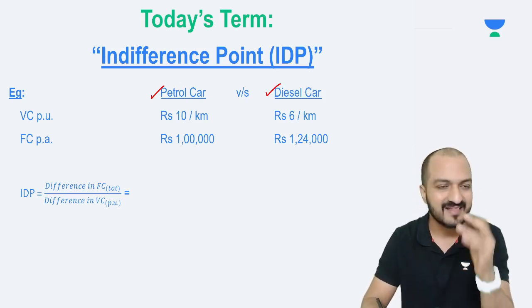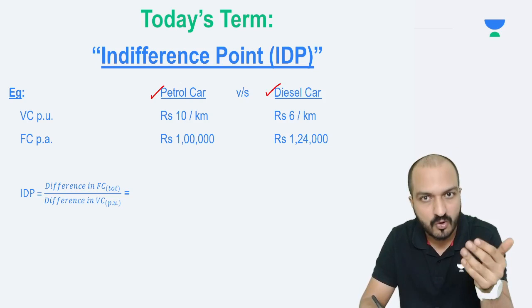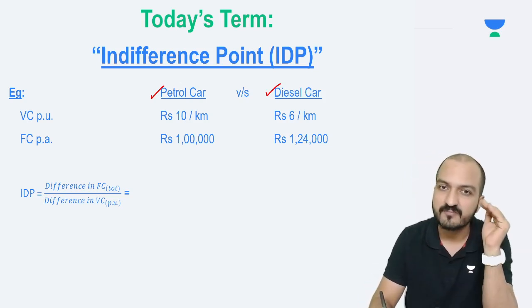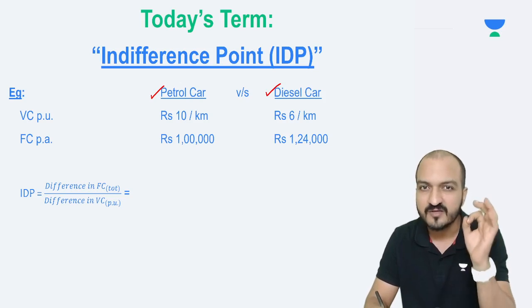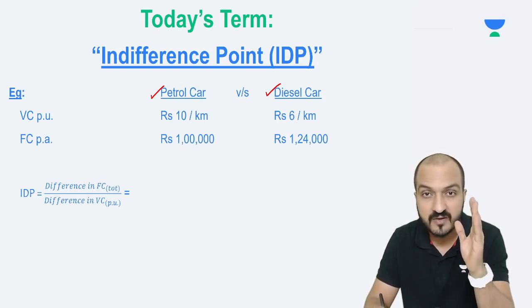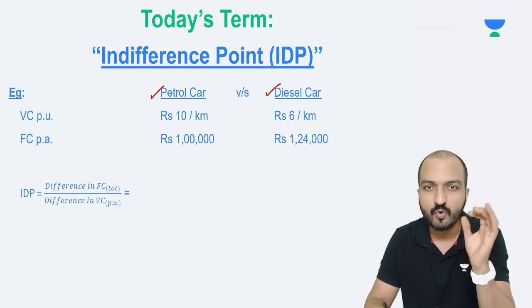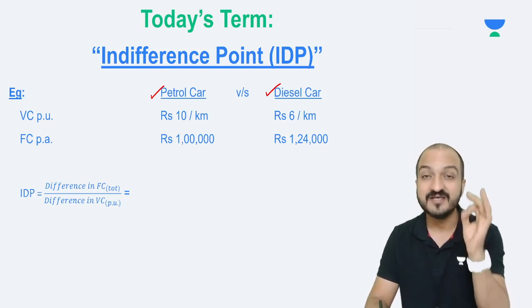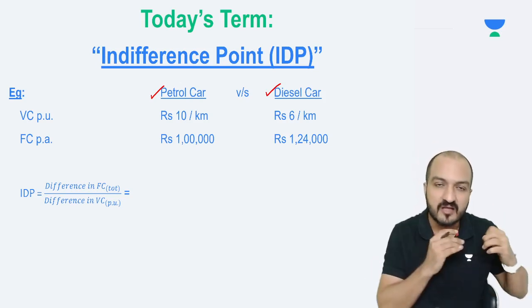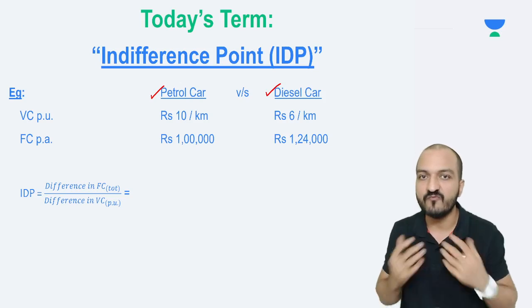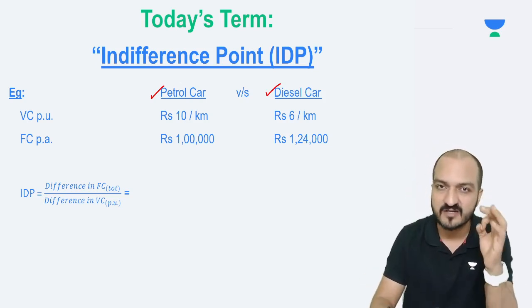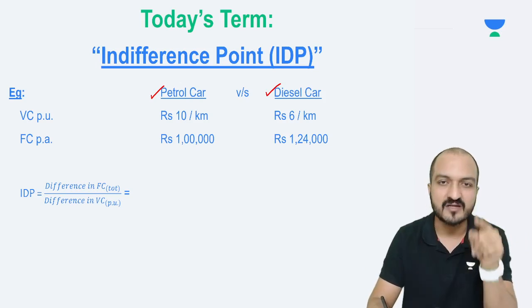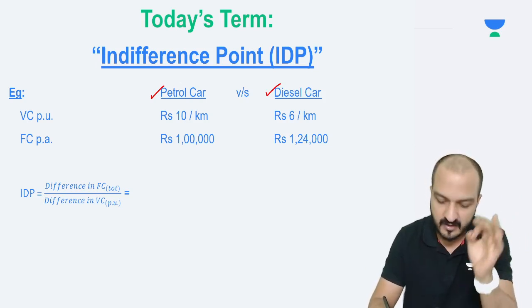Normally people say that if your usage is more, then you go for a diesel car. But here we wish to quantify that: more than what should be your usage to choose the diesel car? That quantification is my indifference point. Let's see that in my example.